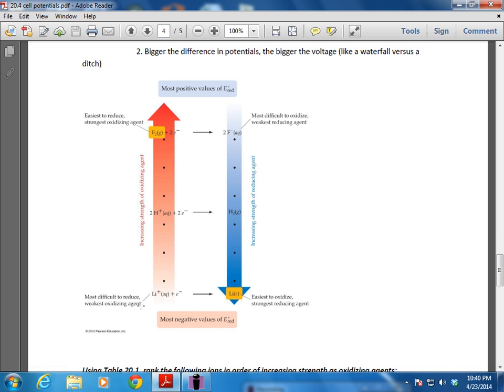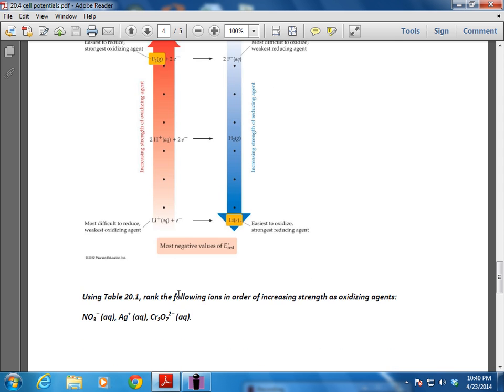Down here at the bottom, lithium is very bad as an oxidizing agent because it's really tough to reduce. On the other side, lithium is easy to oxidize, so it's the strongest reducing agent, while fluorine is really difficult to oxidize, the weakest reducing agent. So notice the more negative values of those electropotentials.